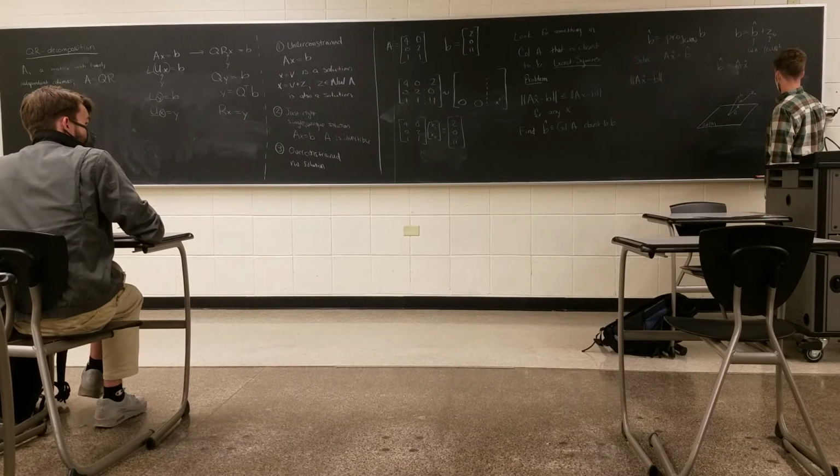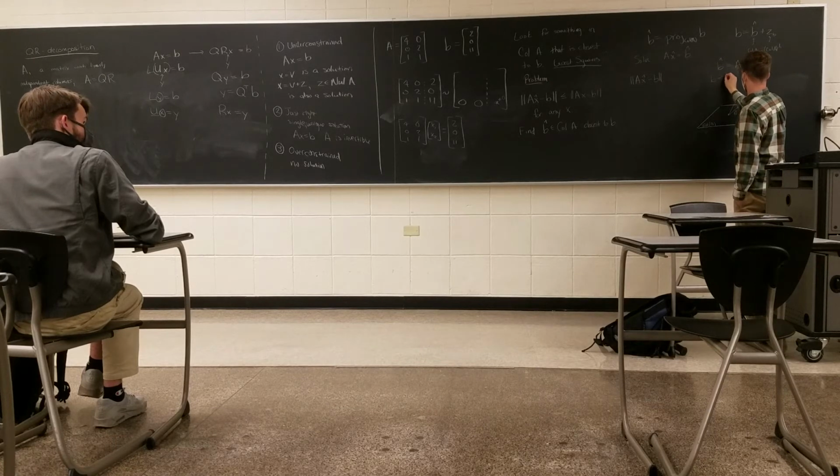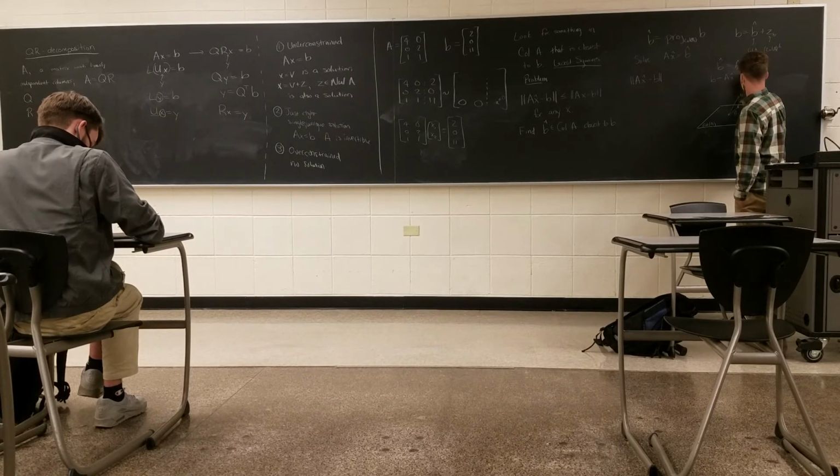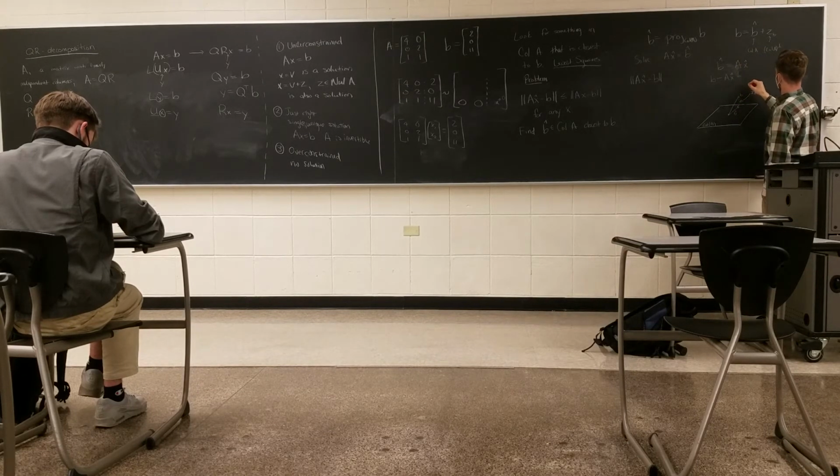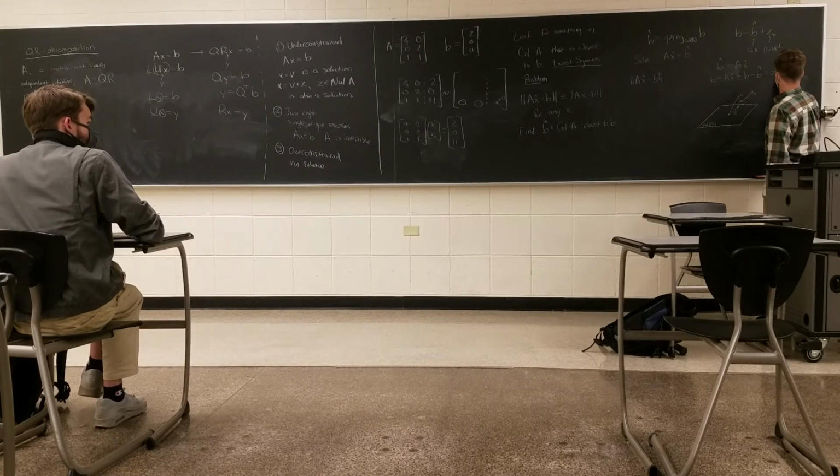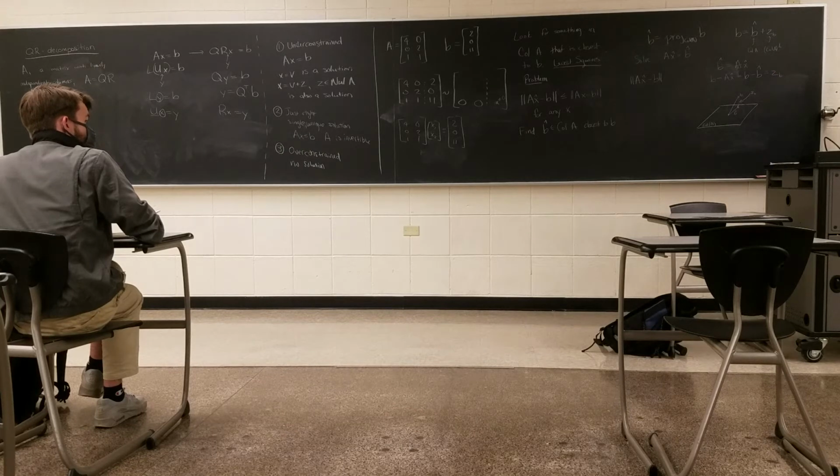So if we look at b minus A x hat, that turns out to be b minus b hat, which is our z sub b.